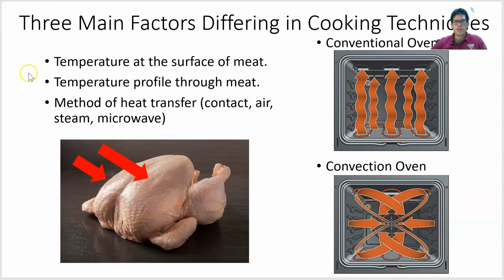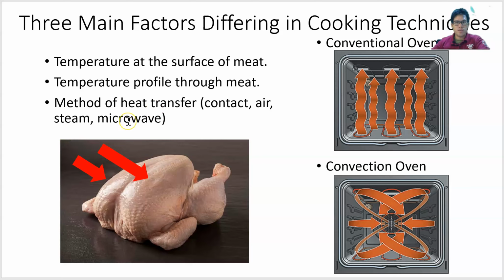The three main factors that differ between cooking techniques are the temperature at the surface of the meat, whether you want high heat at the surface or not; the temperature penetrating through the meat; and the method of heat transfer, which can be direct contact, air, steam, or microwave.